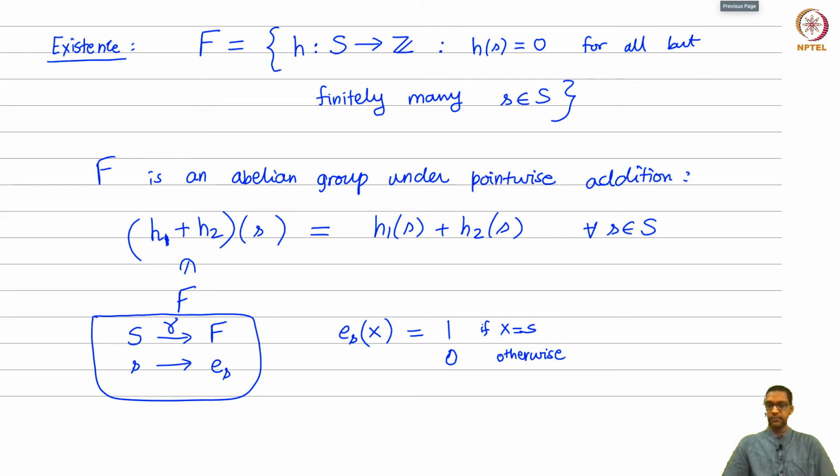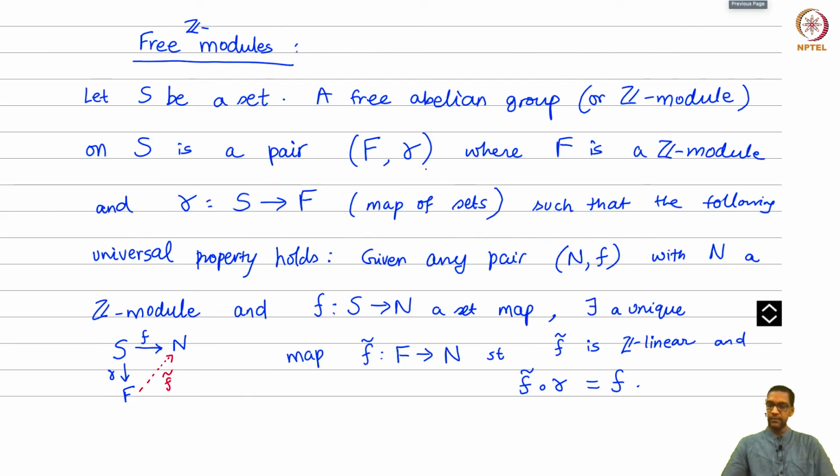But in more concrete terms, it says that not only does the free abelian group exist, our existence proof shows it exists, but it's also unique up to a unique isomorphism. In other words, if I take another candidate f prime, gamma prime, then there will be an isomorphism from f to f prime which makes this diagram commute. And further, that isomorphism is unique.